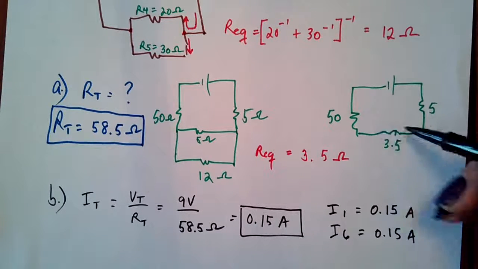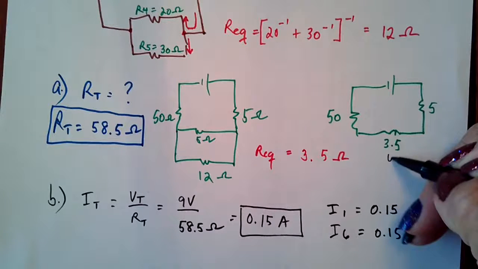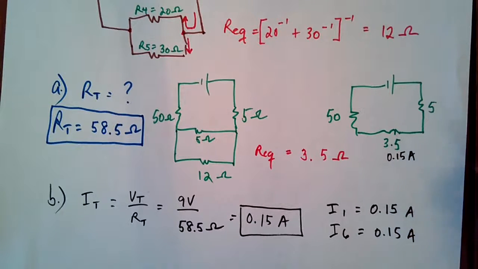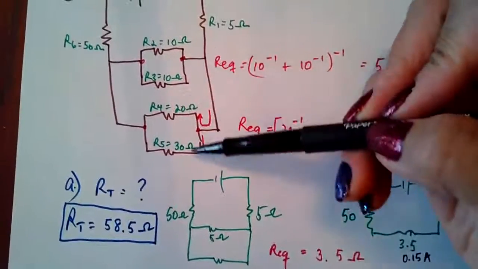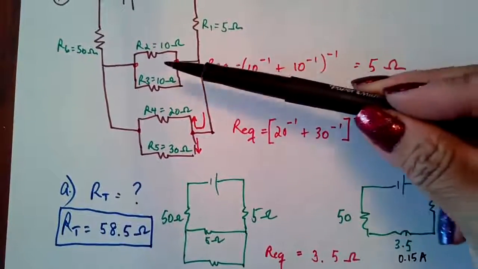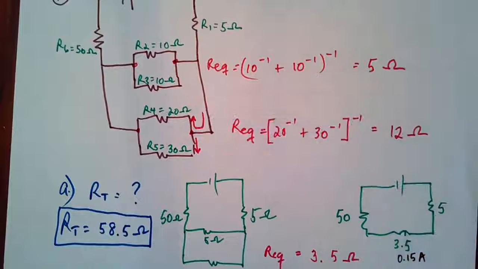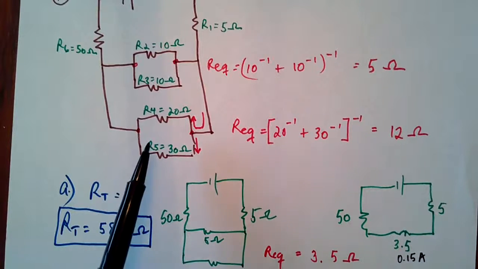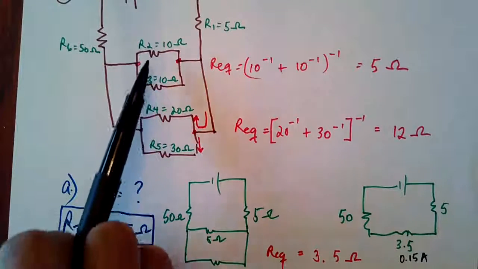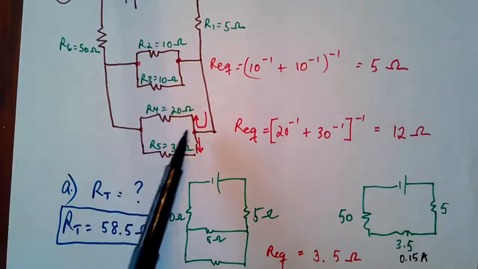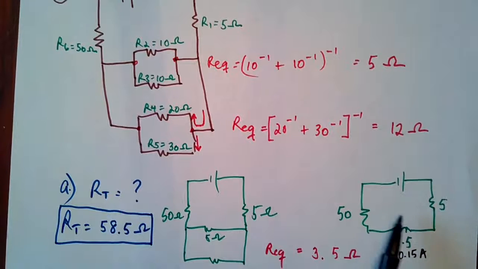Now we know that this whole thing here is going to receive 0.15 amps of current as well, but that will be the entire circuit that are in parallel with each other down below here. So what do they have in common? These two in parallel are going to receive the exact same voltage as whatever is running through here.